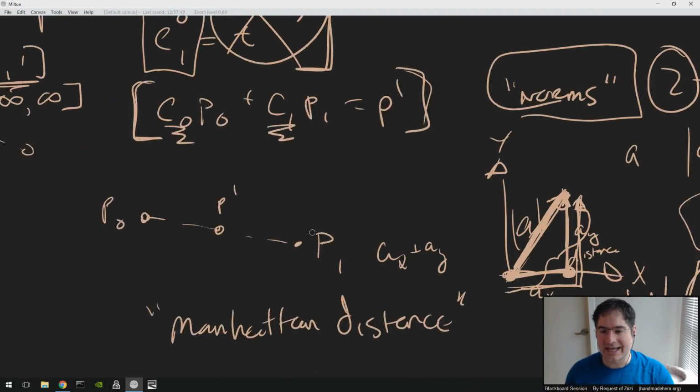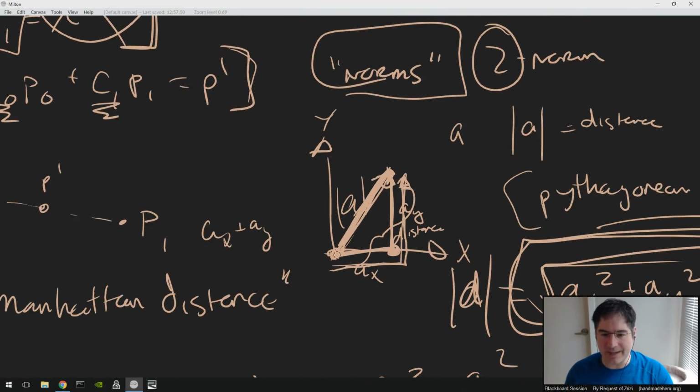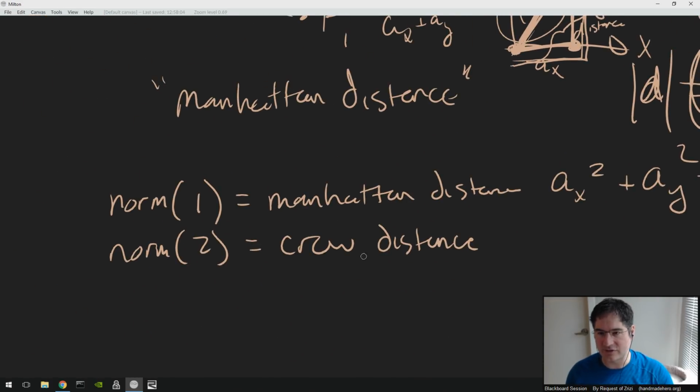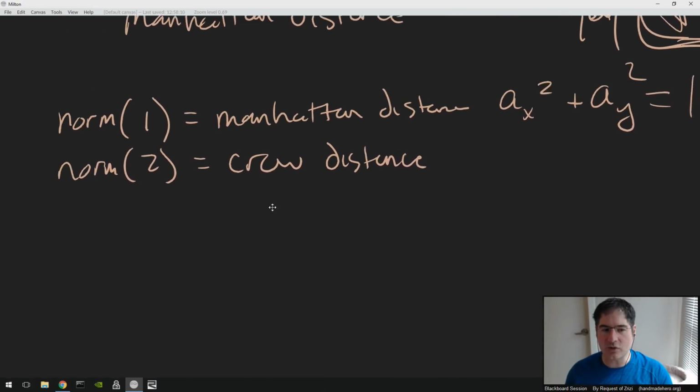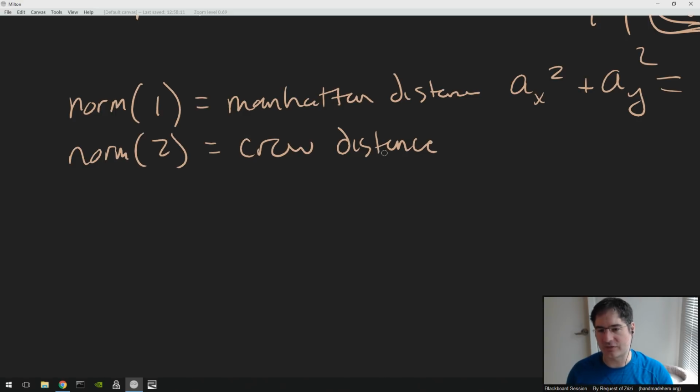So, if you want to make sure that your Manhattan distance is 1, right? If I want to make sure that I've always got a distance of 1 when I go along the length of my vector, again, we all have learned how to do this from working on our 3D stuff. We know that if we take the crow's flies distance, right?